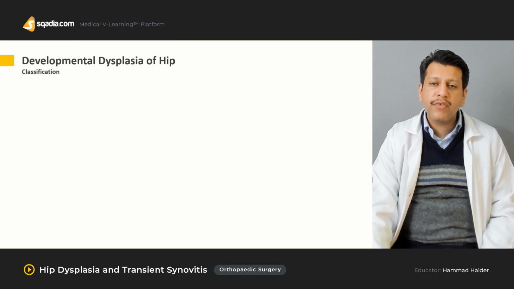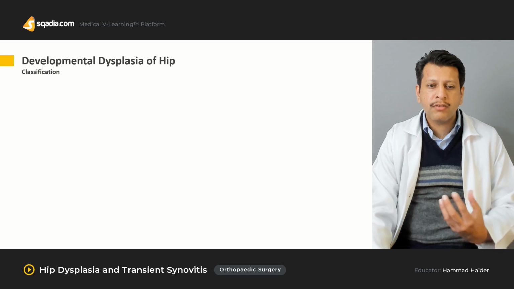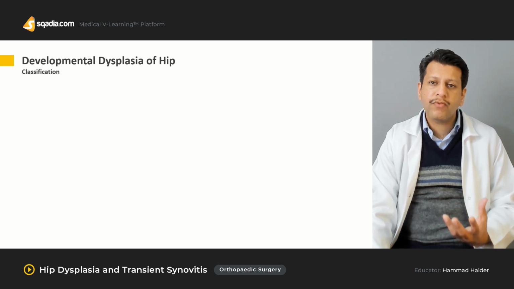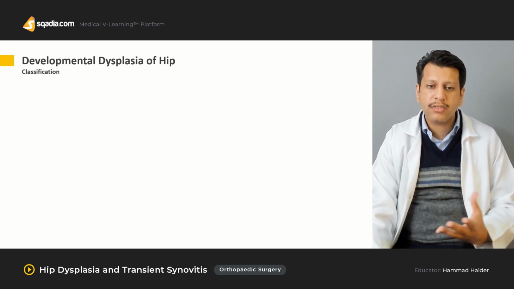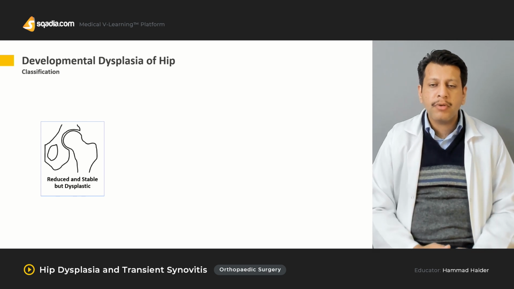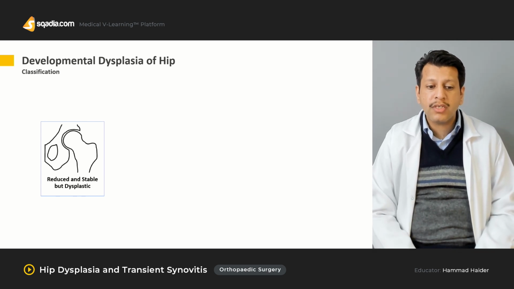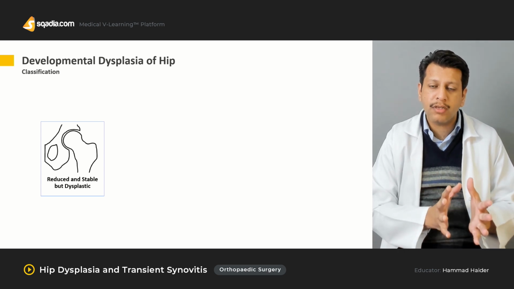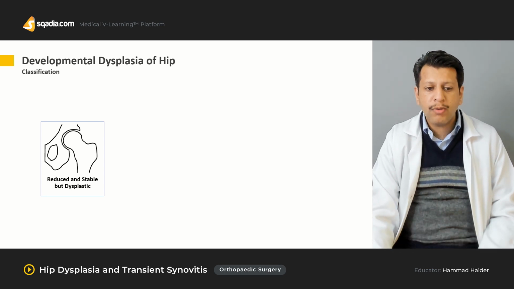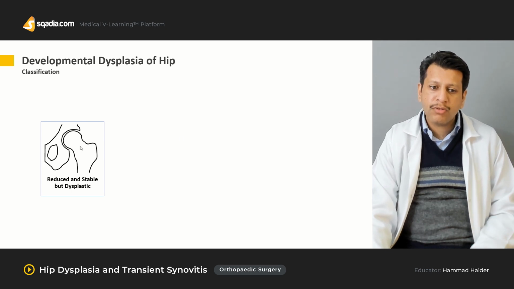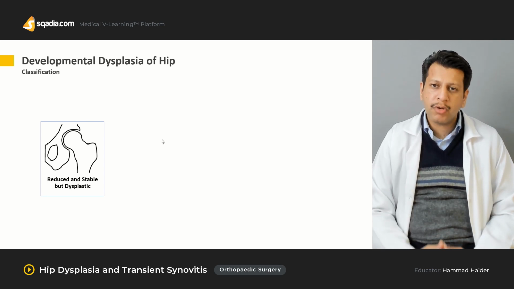Now there is a different way of classifying dysplasia of the hip. One way of classification is by presentation. For example, this is a reduced and stable but dysplastic hip. This was the classical congenital dysplasia of the hip, in which the head of the femur is well aligned and present inside the acetabular cup, but the acetabular cup appears to be dysplastic.